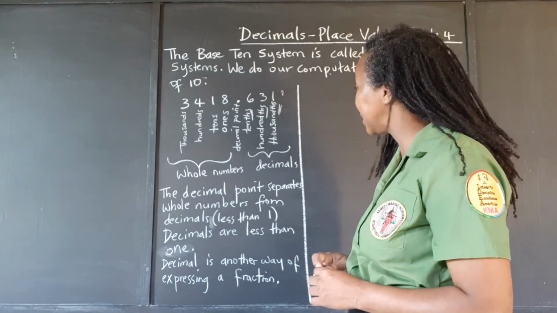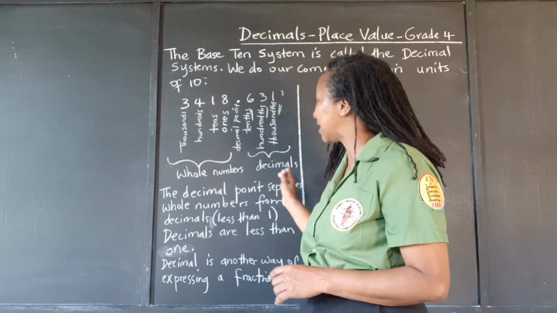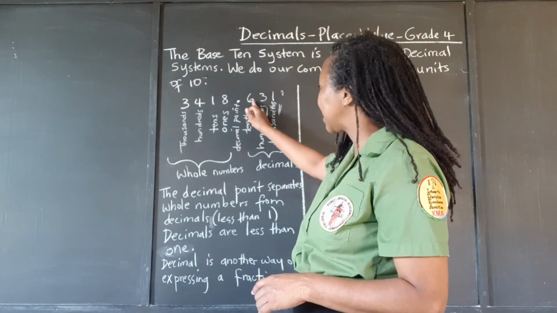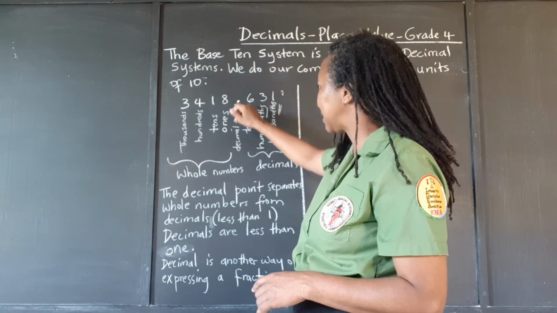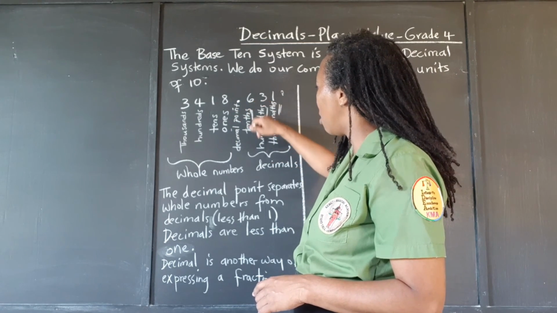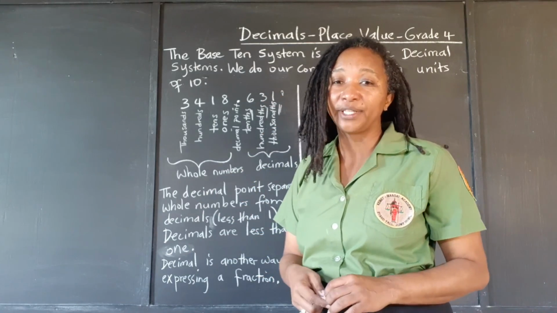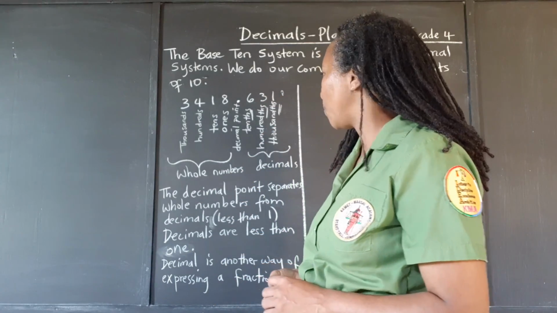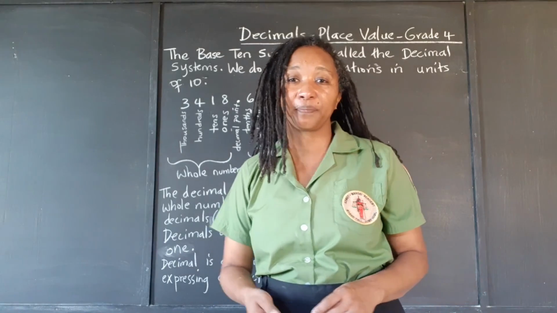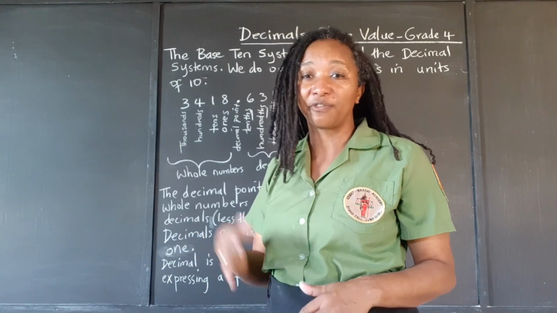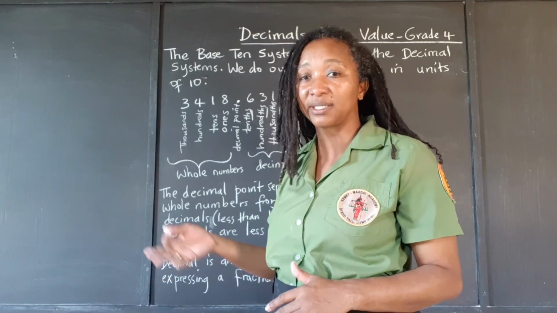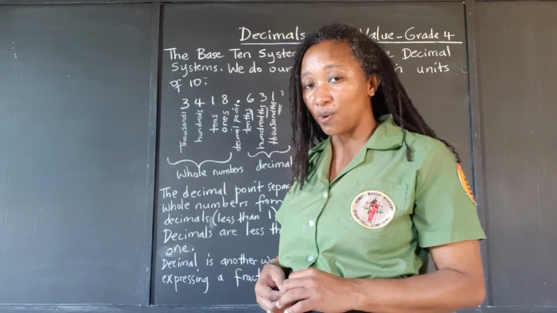That's very important, and this really tells us this is 6/10, 3/100, 1/1000, and we're going to need to remember these when we're changing decimals to fractions, fractions to decimals, and so on.